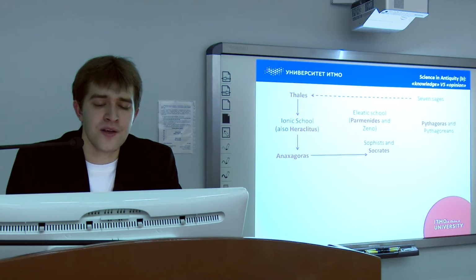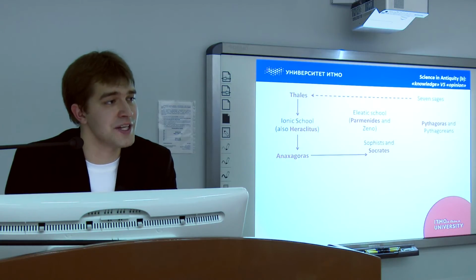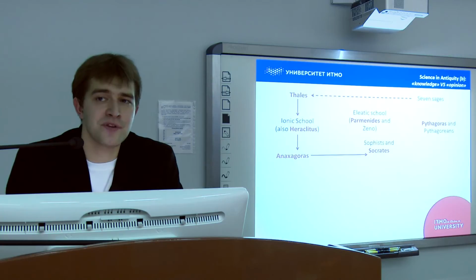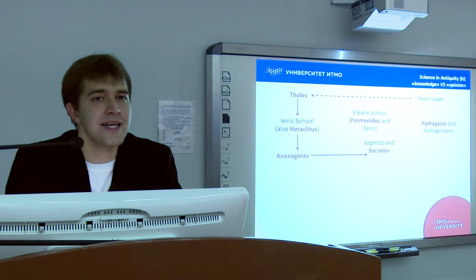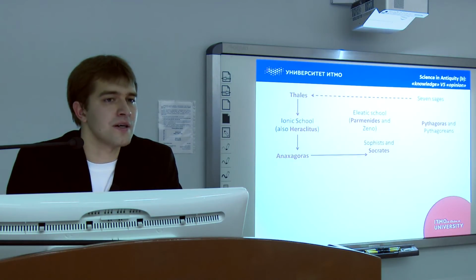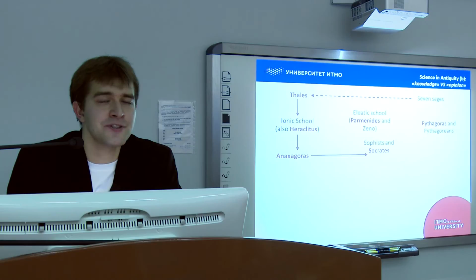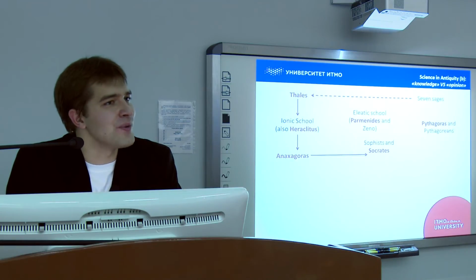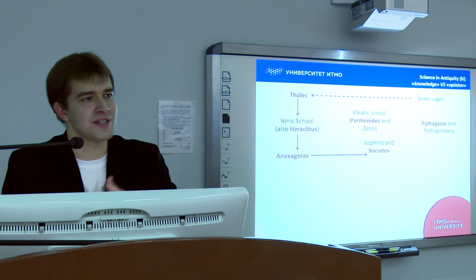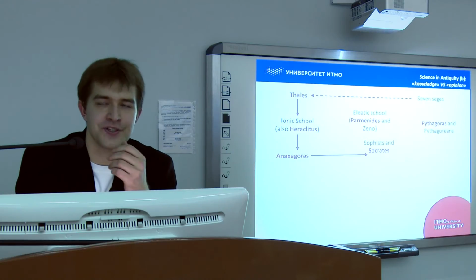So that is why the Sophists were very helpful in this kind of tradition, because they said that they are able to teach how to make even the weakest argument strong. What does this mean? For example, we have some sophisms, which are problems that took their names from the Sophists.